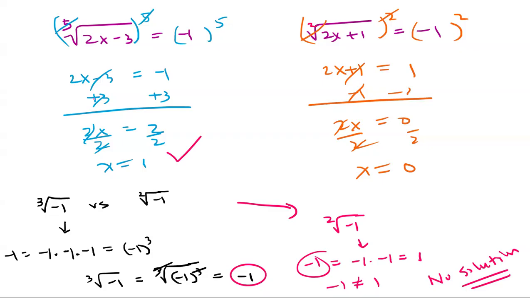We can't say the square root of 9 does not mean -3. You can't do that. The square root of 9 is just equal to 3, not -3. So it can never produce a negative number. Again, we're talking about the real world. If we went complex, then that's a whole different ballgame. All right, so in this case, the first one, we do get an answer, but the second one is no solution.